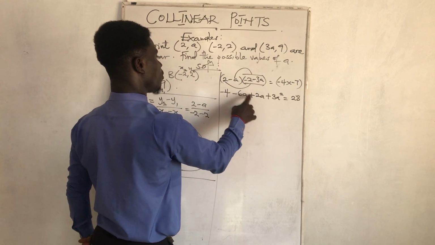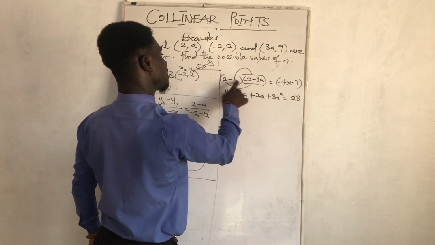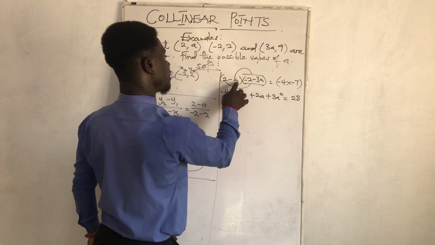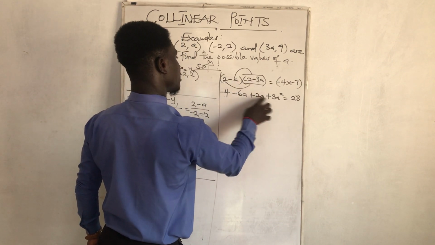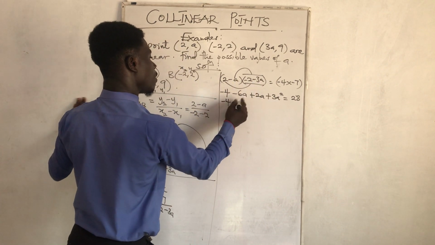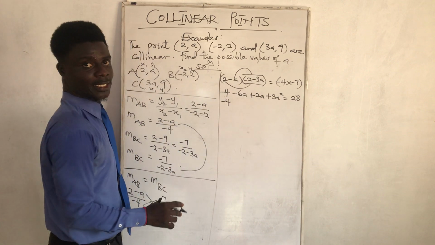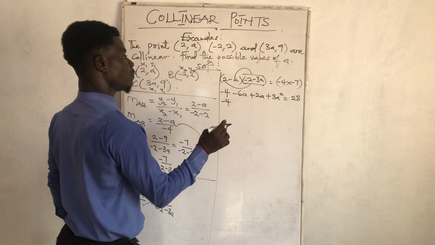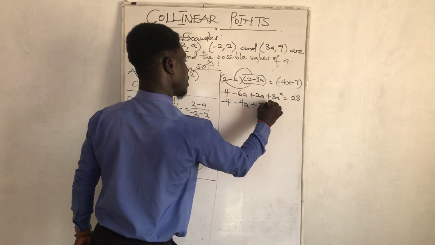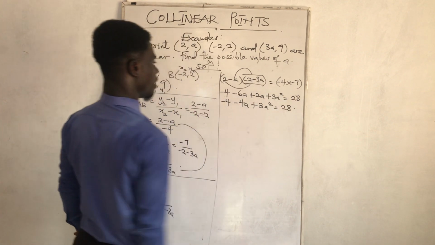Negative times negative is positive. Then negative a times negative 3a, negative times negative positive, then 3 times 1 is 3, then a times a is a squared. So I have negative 4, then minus 6a plus 2a. Negative 6 plus 2 gives negative 4a. Then plus 3a squared, which is equal to 28.